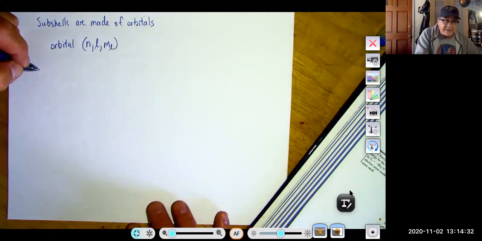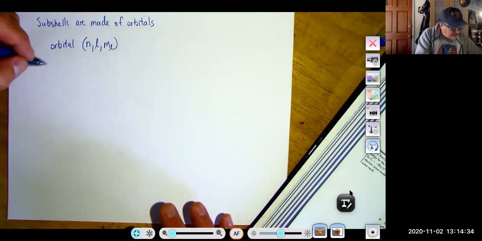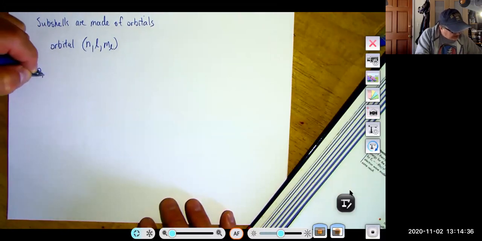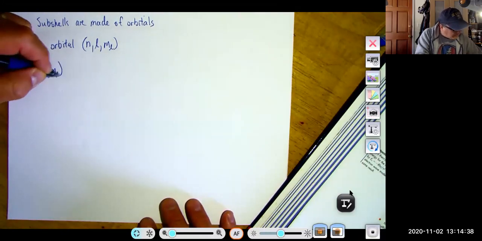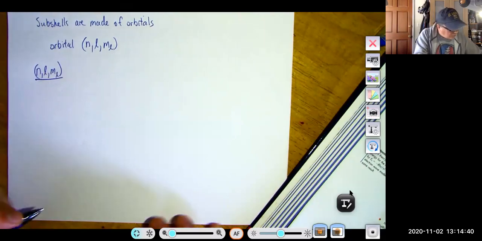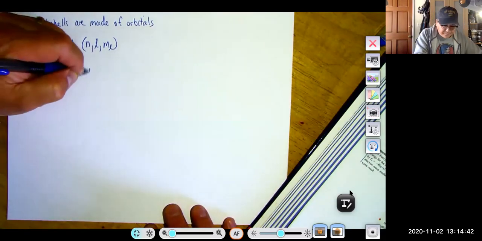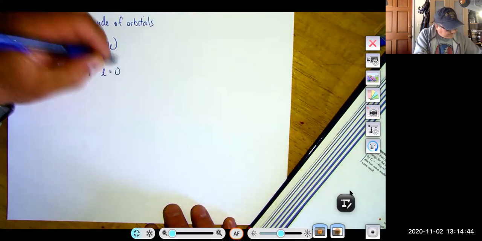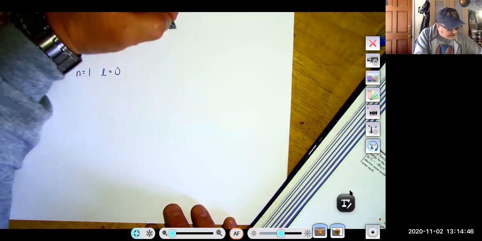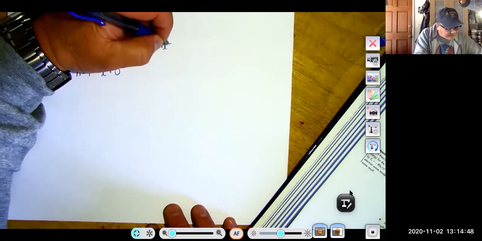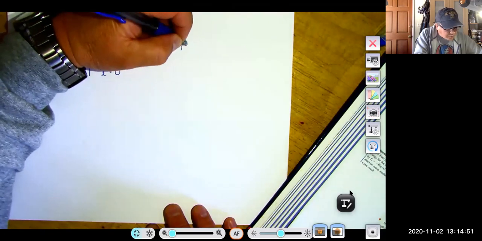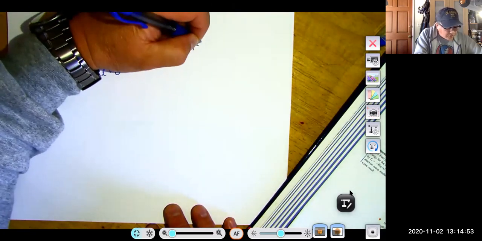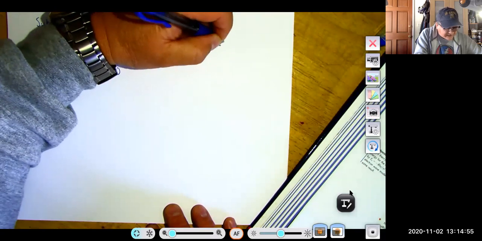So here we'll do the N, L, and M sub L, just like we did for the subshells. We'll do N equal 1, L equals 0. And the rule for M sub L is that M sub L can be 0, plus or minus 1, plus or minus 2, all the way up to plus or minus L.